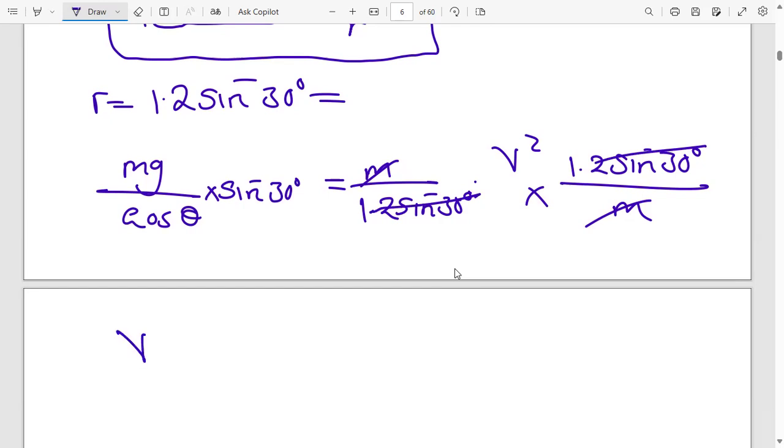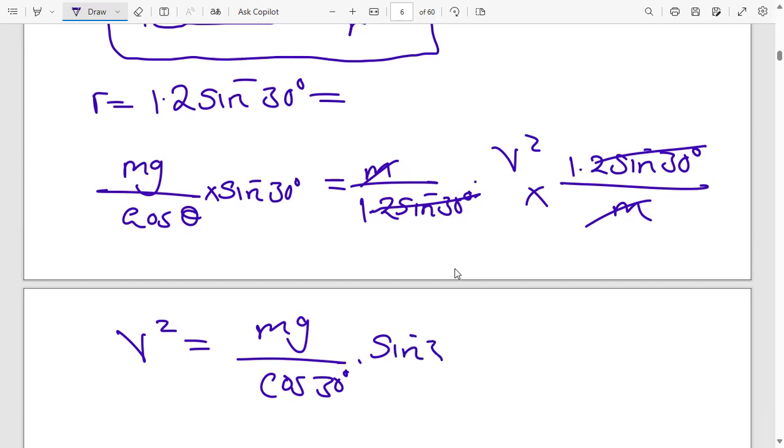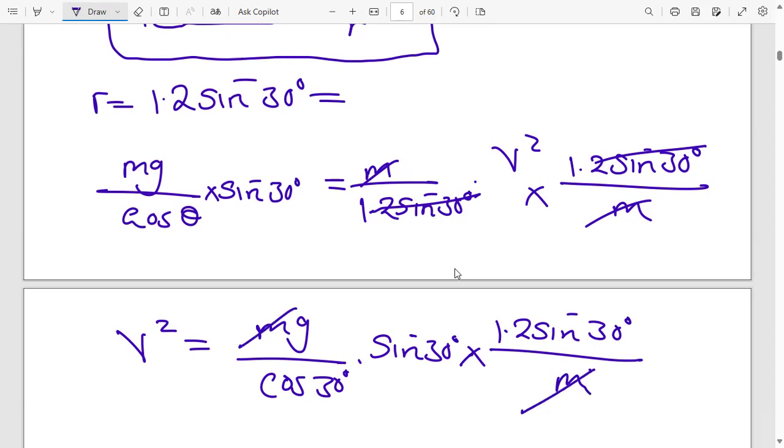So I remain with V squared is equal to mg over cos 30 degrees multiplied by sine theta, which is sine 30 degrees, and this multiplying with 1.2 sine 30 over m, like this. So from here, what can we see? We can see that this m and that m are also getting eliminated from our equation. Then what else do we have? The sine is a numerator.